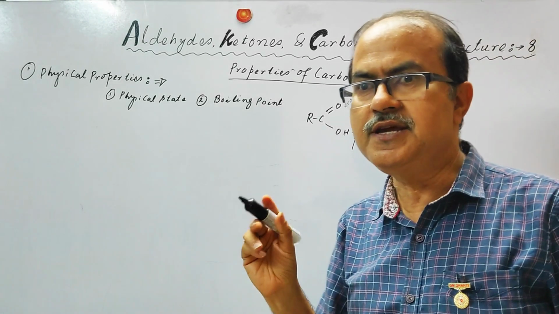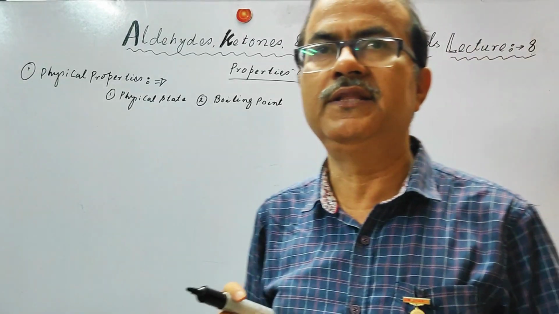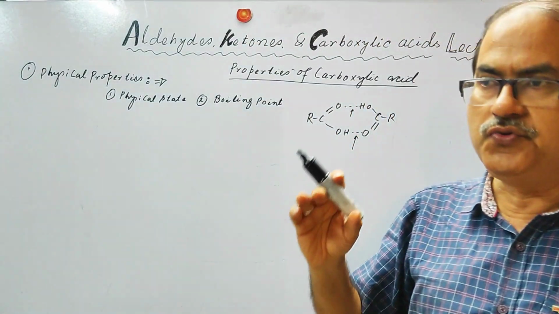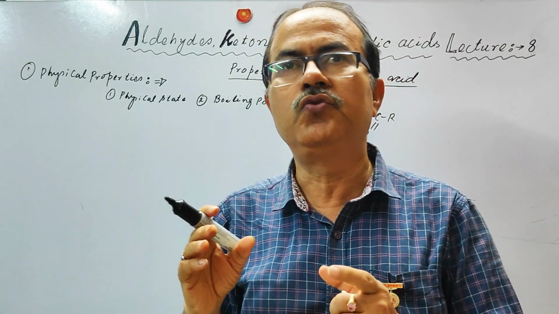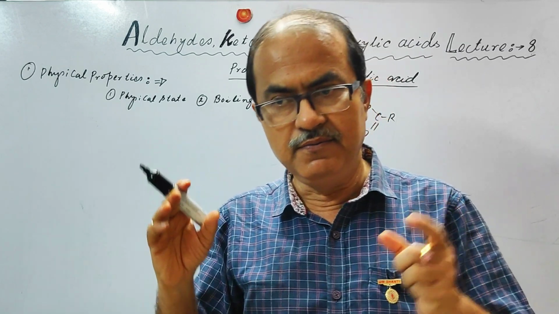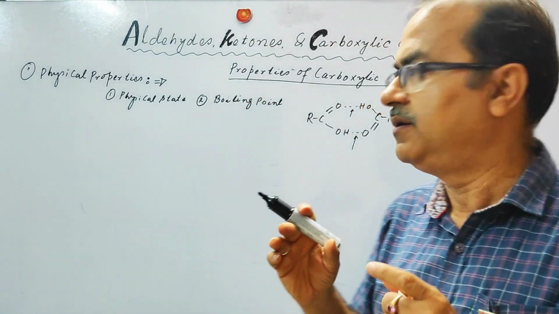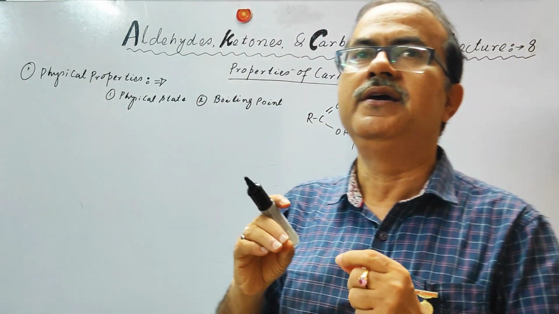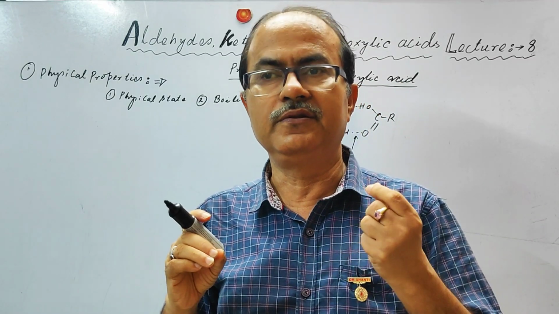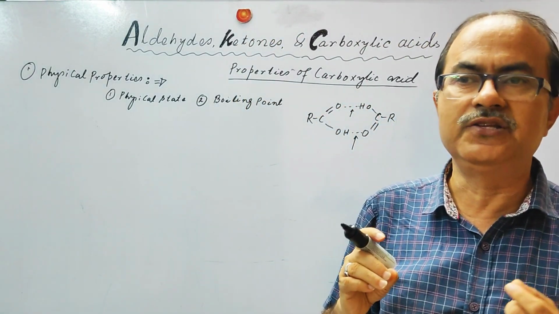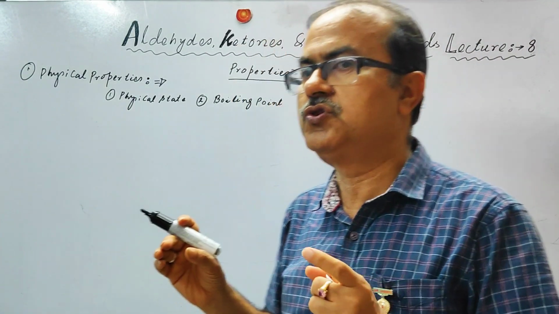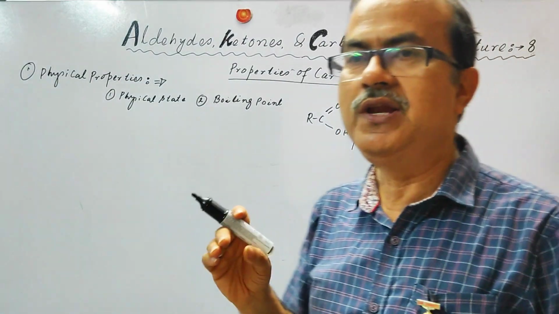This is hydrogen bonding. This is hydrogen bonding. Due to this intensive and strong hydrogen bonding, the molecules are associated very largely around each other, and higher energy is required to break those molecules for boiling.